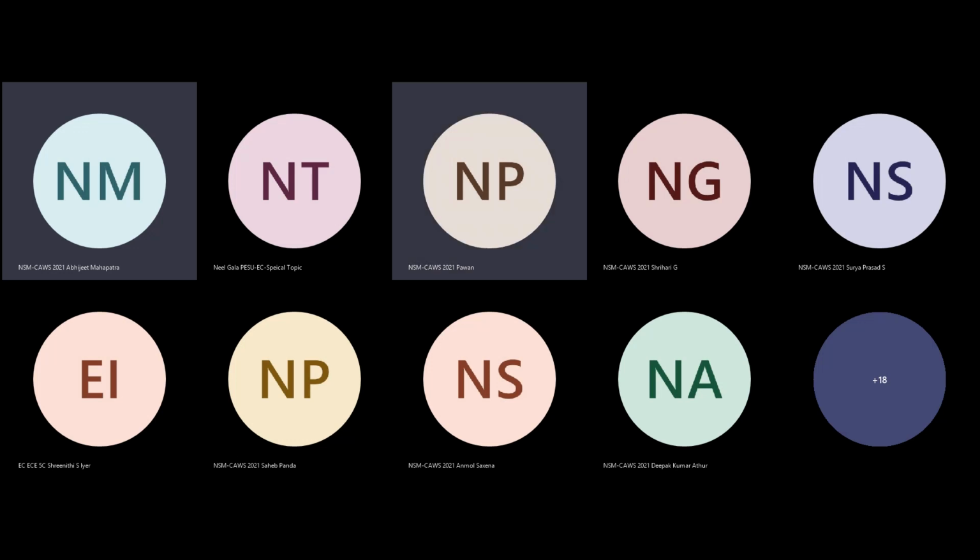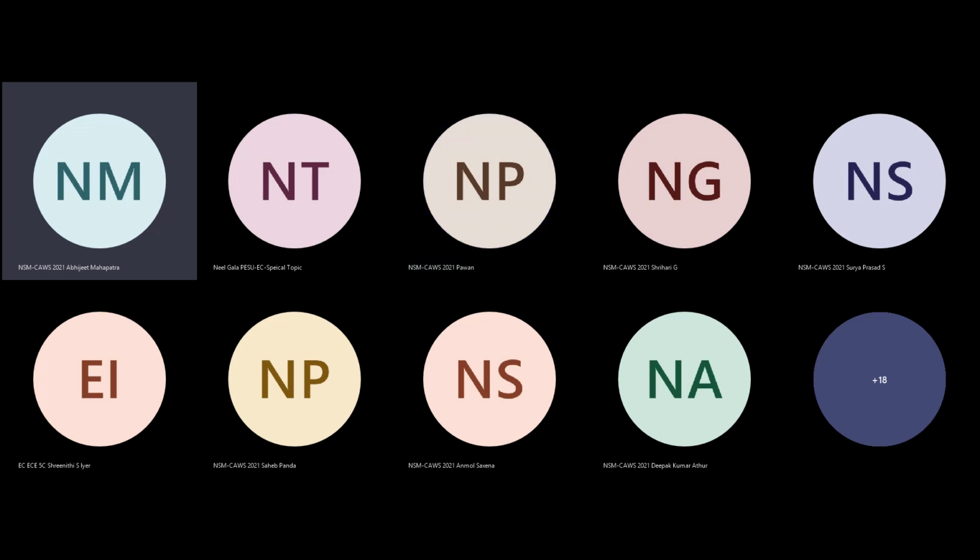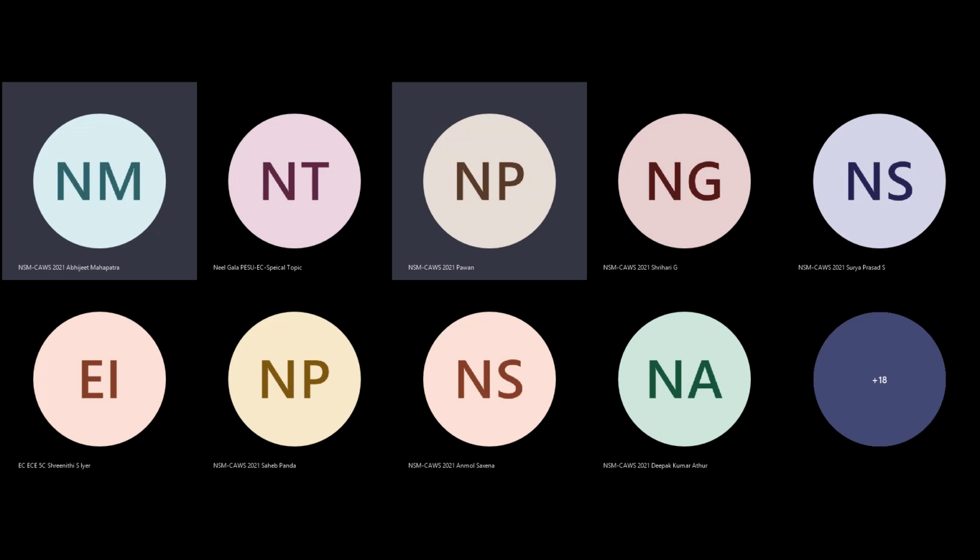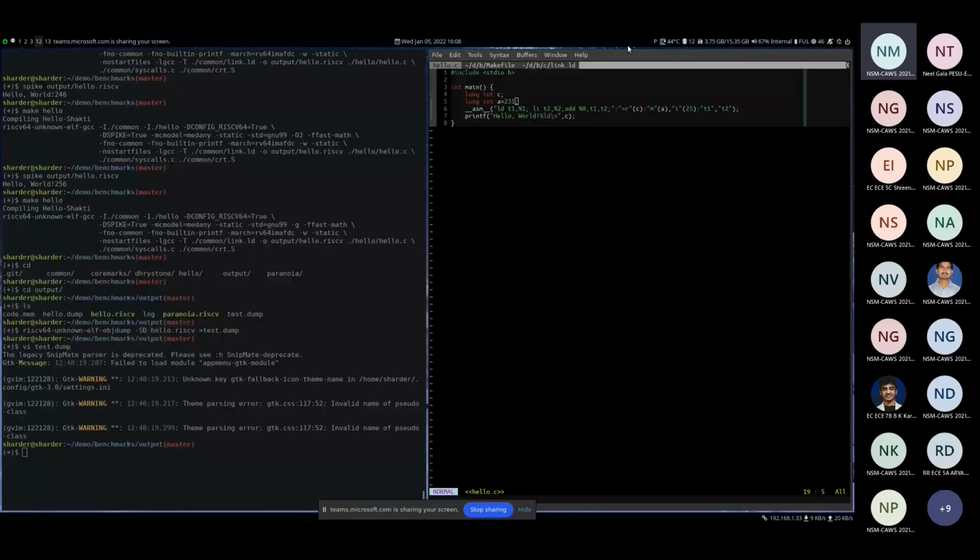Okay. I guess everyone must have had enough time to try it out, or you can try it out again later. So I'll just share my screen and show you what I meant by that particular statement. What you had to do is use inline assembly to add two constants.